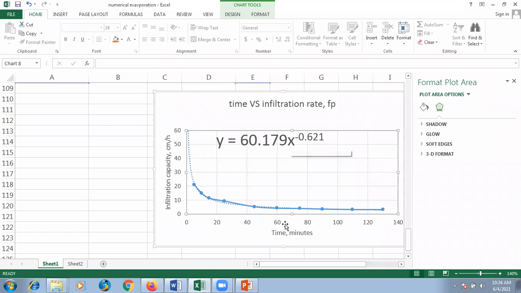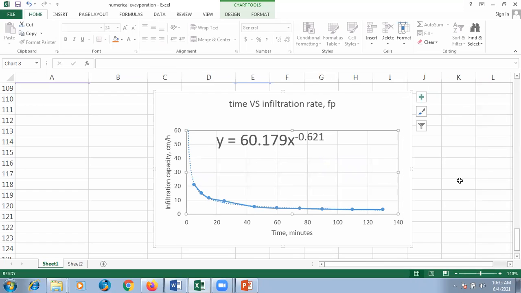You substitute any value of the time here, and whatever value corresponds to that as infiltration capacity is obtained from this equation. Is this point clear to everyone? Any doubt with this diagram in this graph? Any questions? This is the basic thing from which we would start.